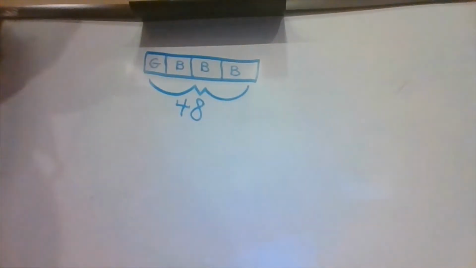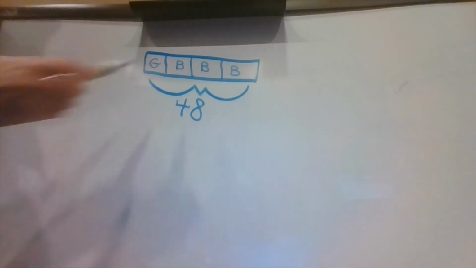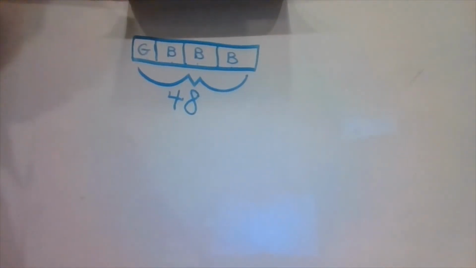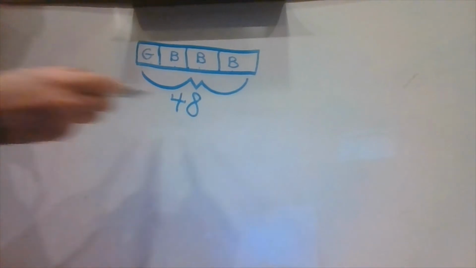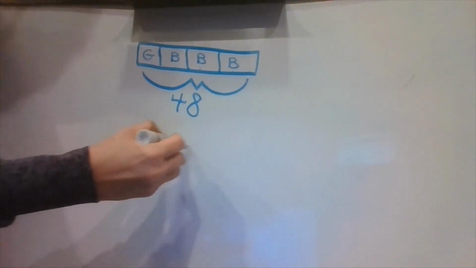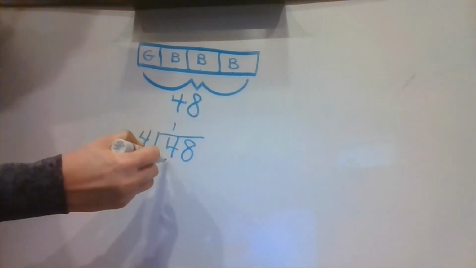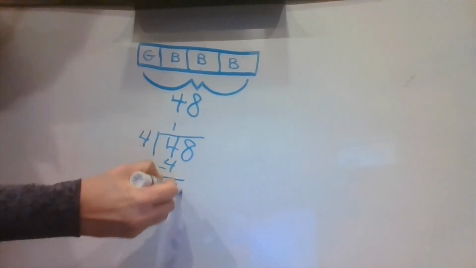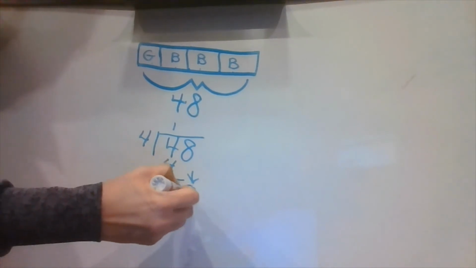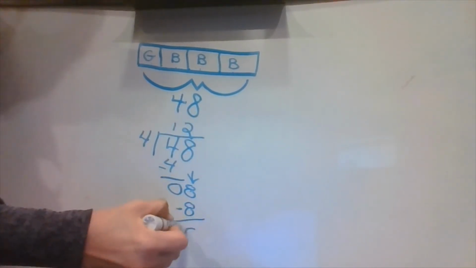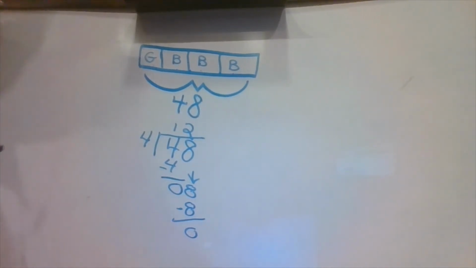So we have to take our 48 and divide it into 4 equal parts to figure out how many girls are going and how many boys are going. Once we divide 48 by 4, that is going to give us how much 1/4 is of 48.